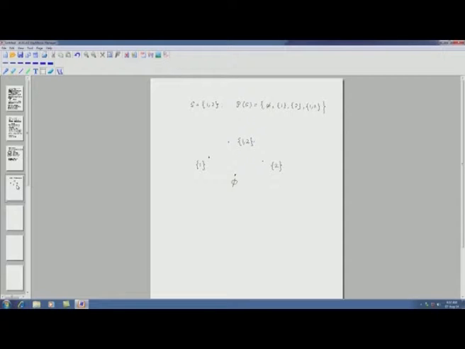Now, we will start joining these points or nodes by directed edges. So, first of all, if I start from phi, I know that phi is related to itself. So, I draw a self loop, and I also know that phi is related to 1.